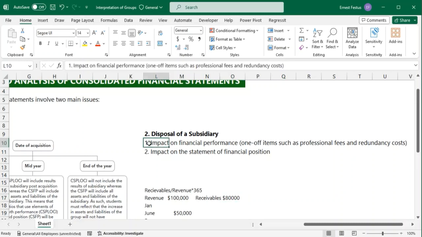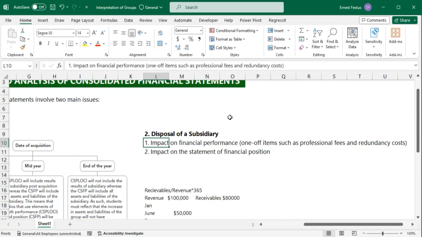So if you are given comparative figures, say 2020 and 2021 figures, and the disposal occurred in 2021, this is going to affect the figures for 2021 but not 2020, and so you cannot actually compare the ratios of the two financial years, and that is going to give distorted information.